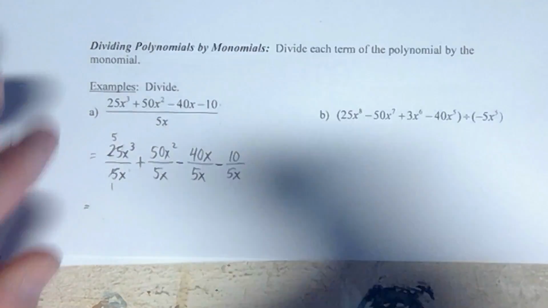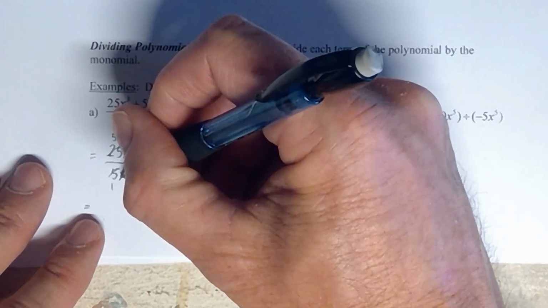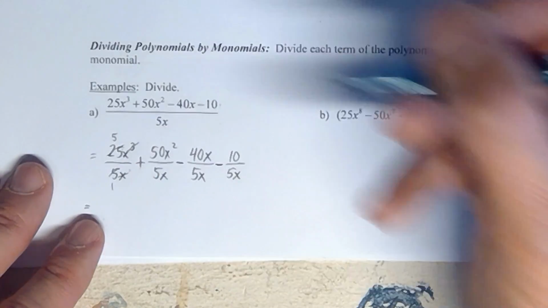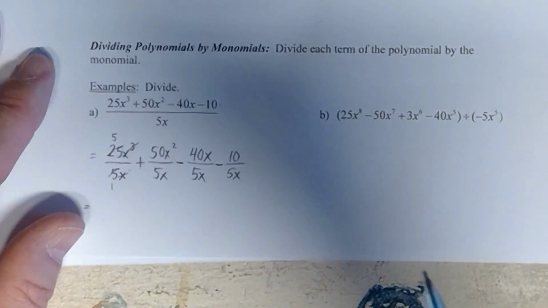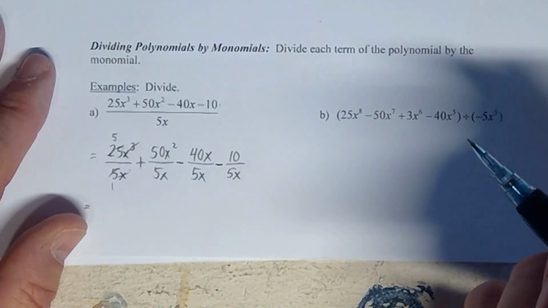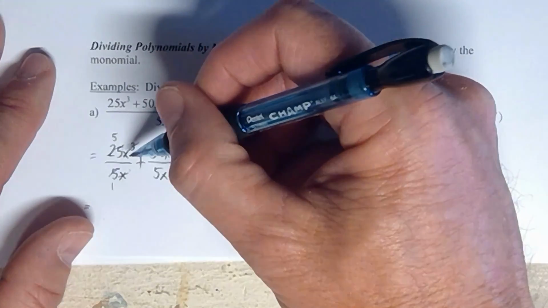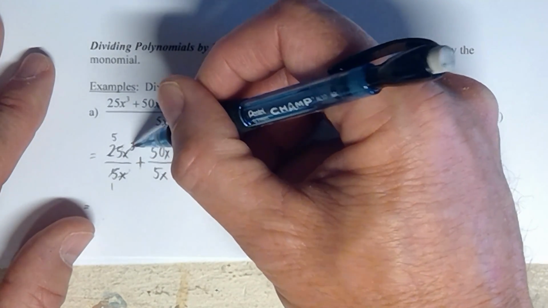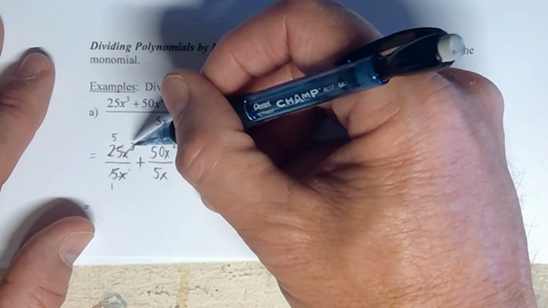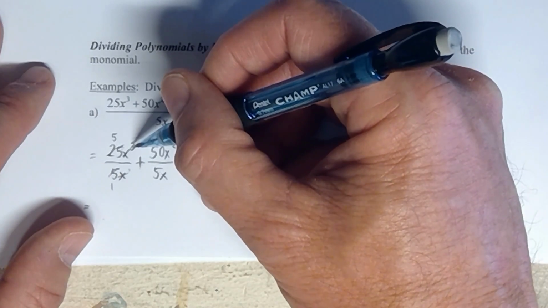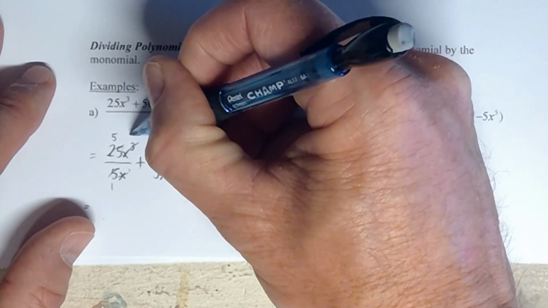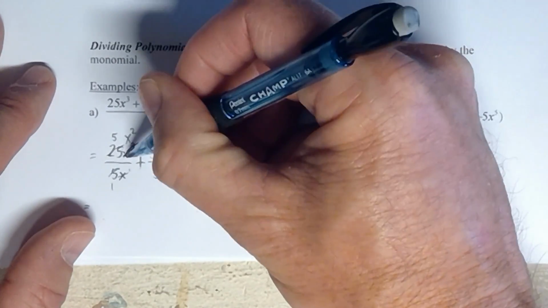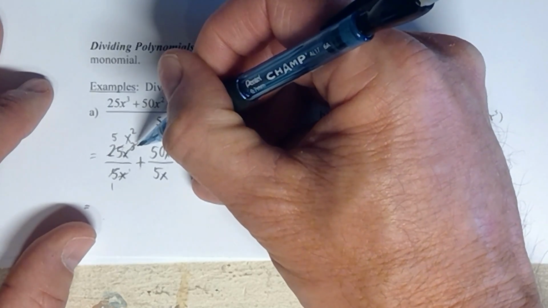And so what you do is you then ask the question, well, where do I put the x to the second? You're still gonna keep the x, but now it's gonna be x to the second. When you subtract the bigger exponent minus the smaller exponent, you always put the answer where the bigger exponent was originally located. So the x to the second would go in the same place that the x to the third was originally located.